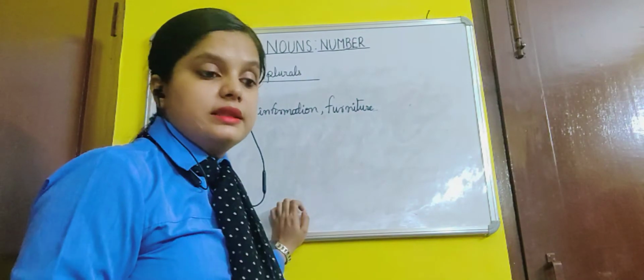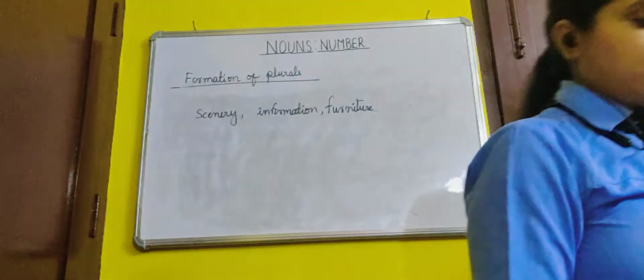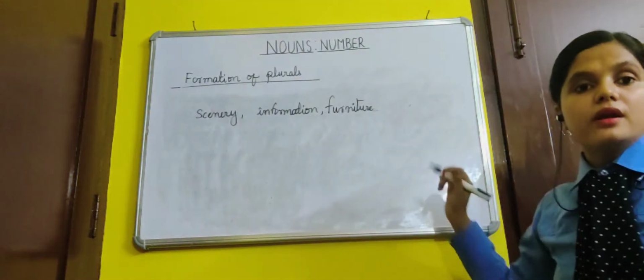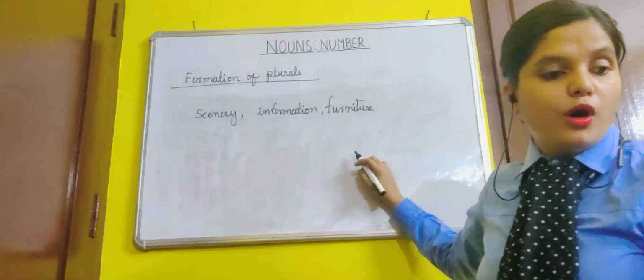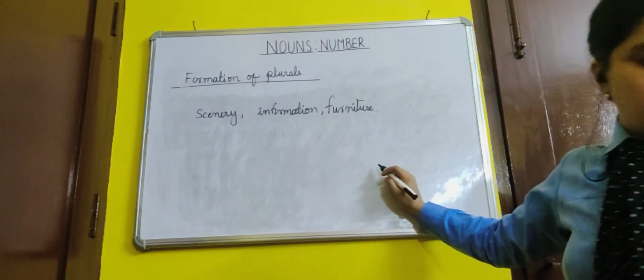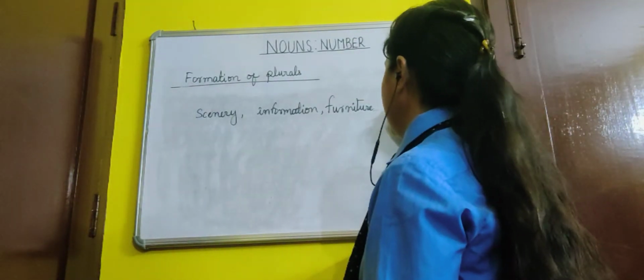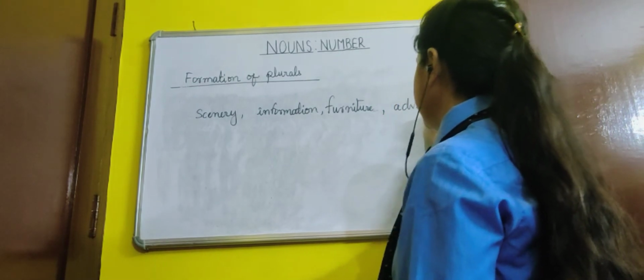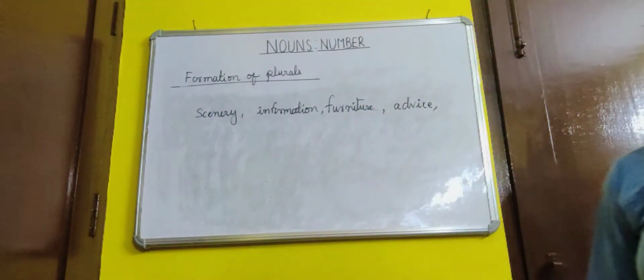Okay, so these are few nouns that will always be used in singular. Okay, there is no plural number or plural form of these nouns. Okay, like scenery, information, advice, or stationery.